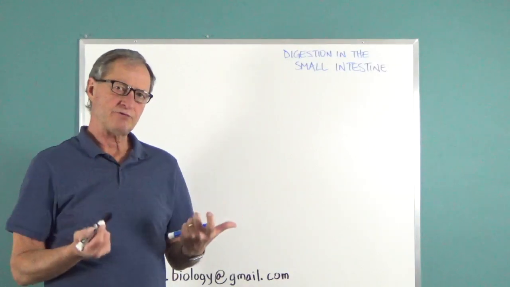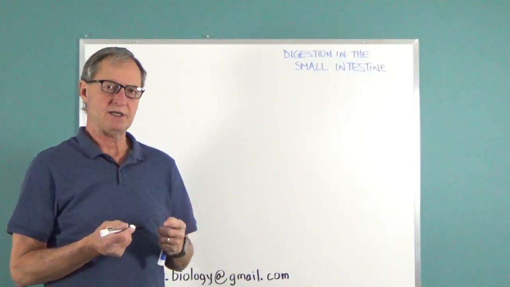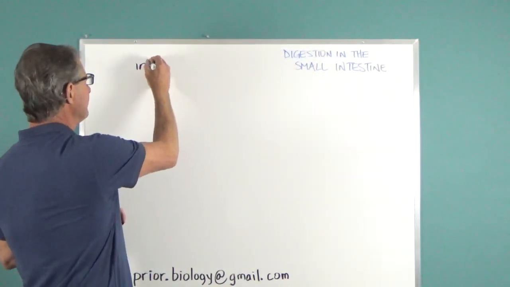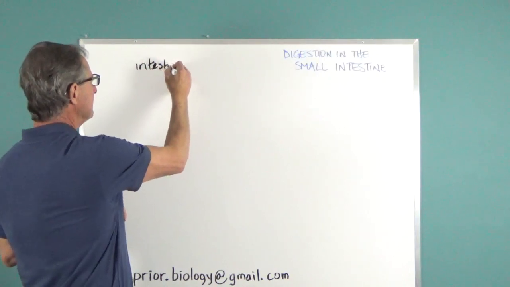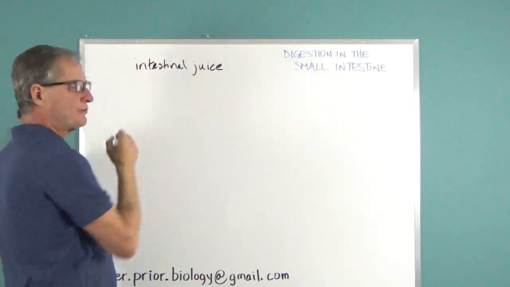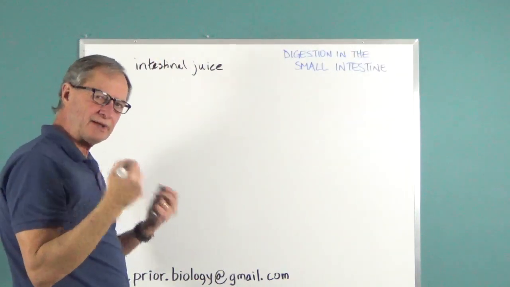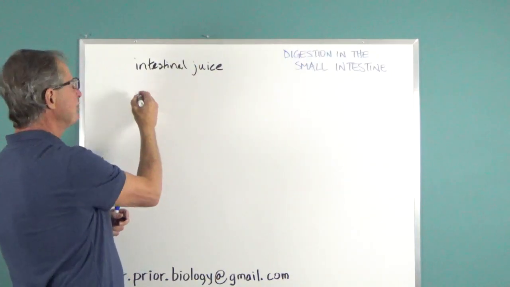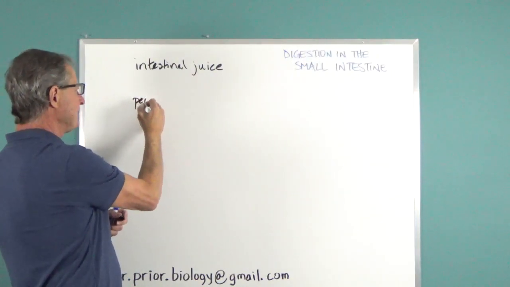We've got three types of food particles that aren't completely digested yet. The duodenum secretes intestinal juice. The three kinds of food particles that aren't completely digested yet, we've got the protein component. The protein component are peptides.